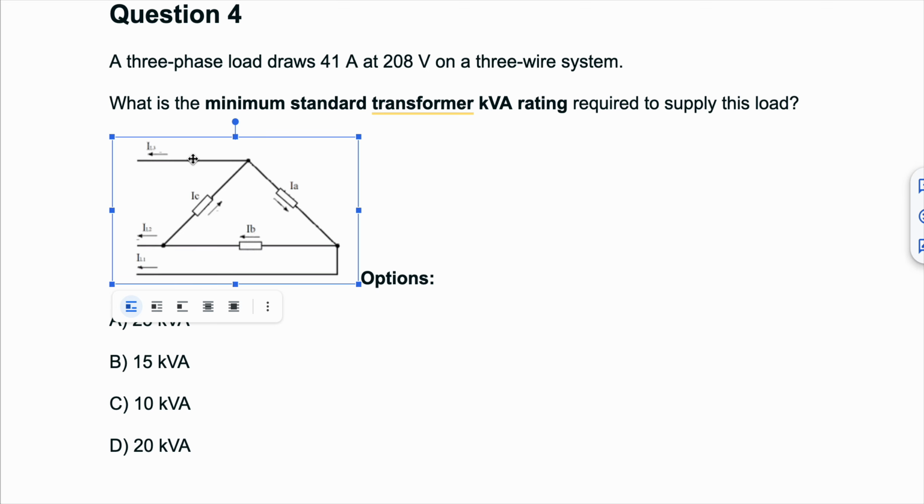So when this 41 amps comes here, we have 2 wires going to each side of the load, so we need to divide it by root of 3.